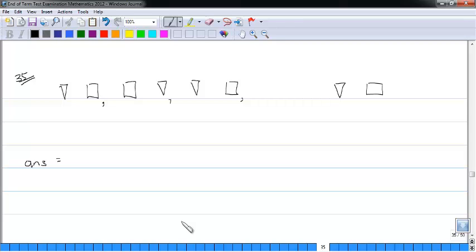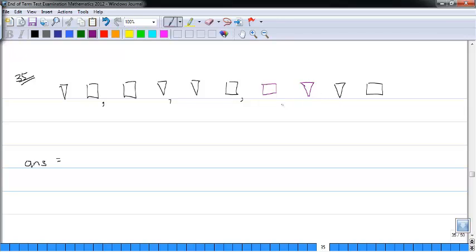Now based on what we see, whenever we end with a certain shape, we start with that shape. So for the missing section, we end with a square, so we're going to be starting with a square. And then if we end with the triangle, we're going to start with the triangle.